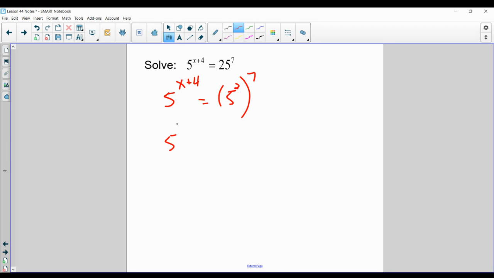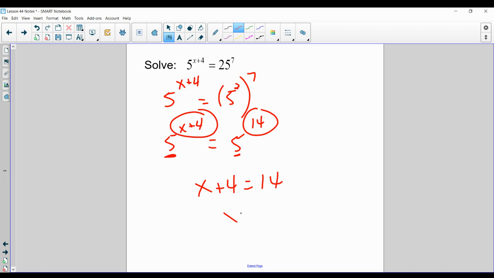All right, 5 squared to the 7th would be 5 to the 14th. You would multiply those two things together. So now that I have the like bases, I would take the two exponents and set them equal to each other. Okay, so x would equal 10.